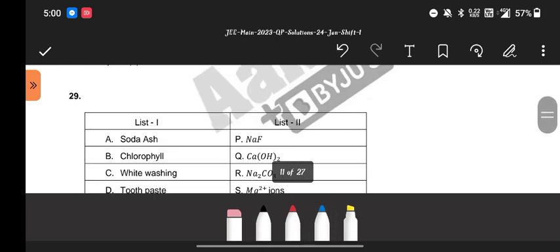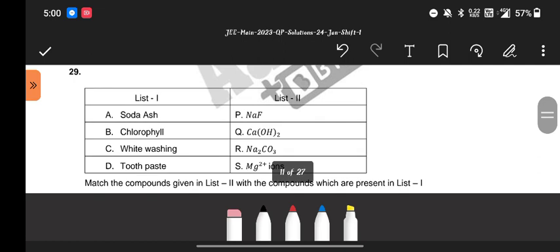Now moving on to our next question, question number 29. Here they have given two lists. In list 1 they have given soda ash, chlorophyll, whitewashing, toothpaste. In list 2 they have given NaF, CaOH2, Na2CO3, Mg2 plus ions.